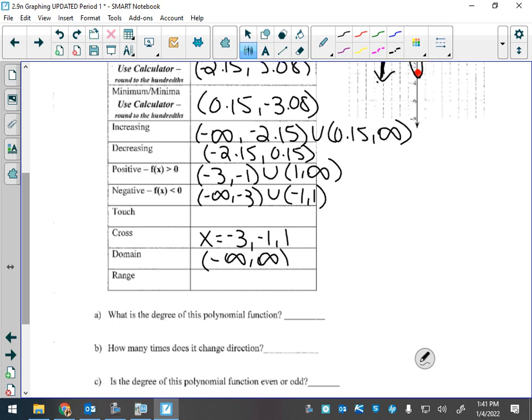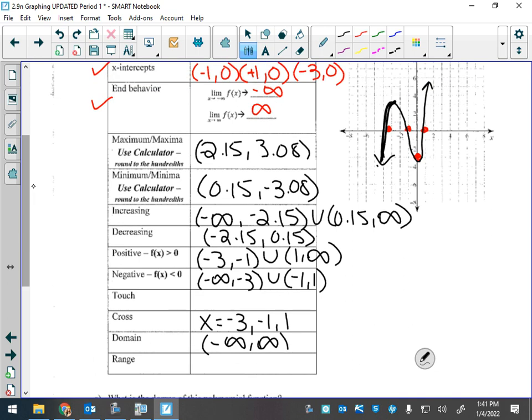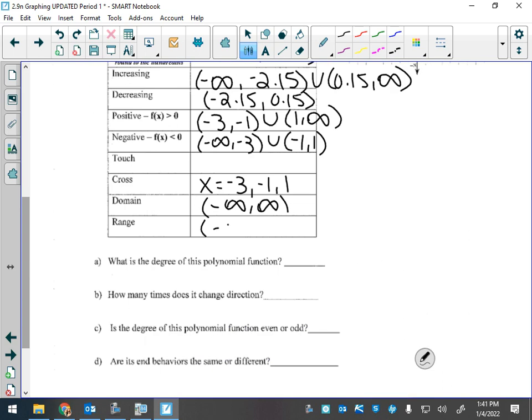Good. Blake, where's my range? Look at the whole graph on the board. Okay.